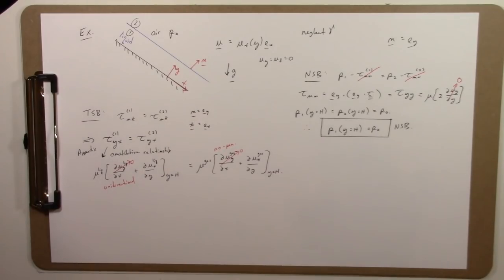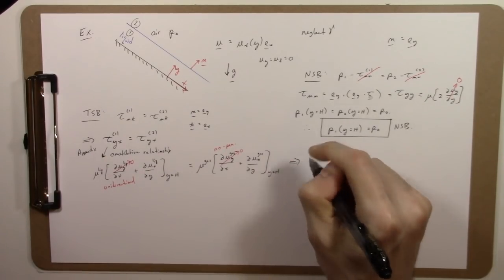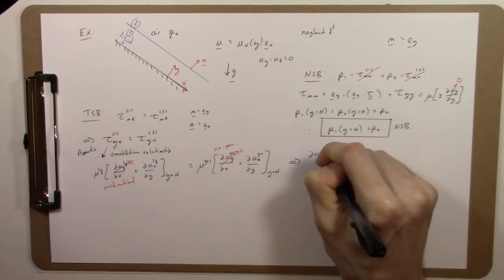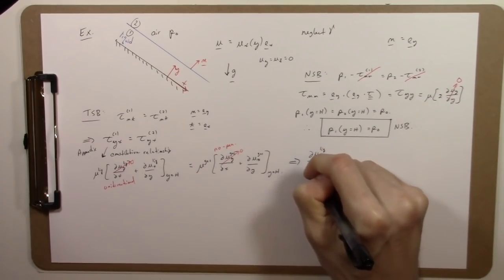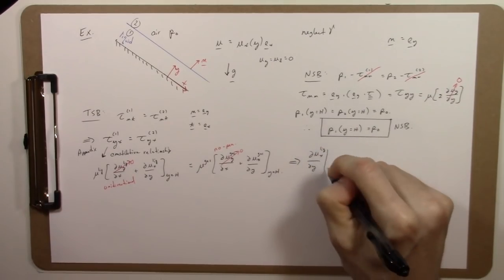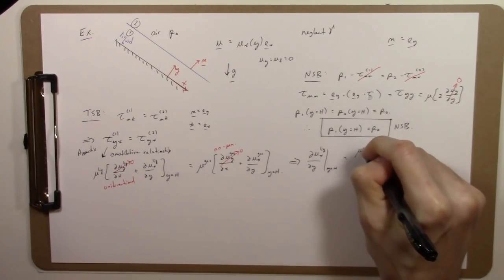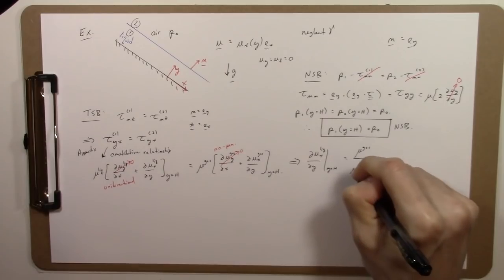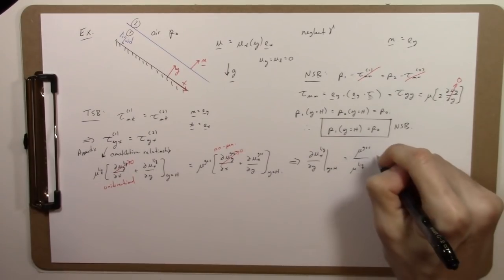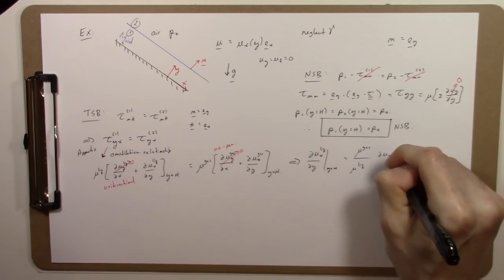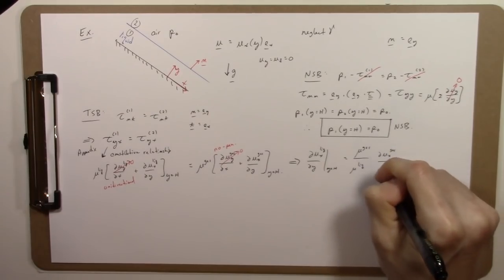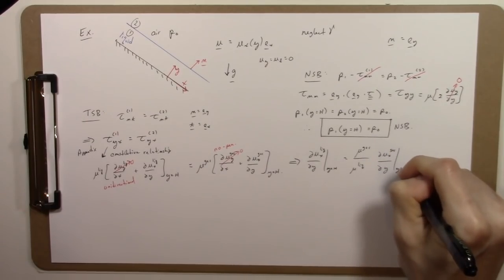So we can then rearrange this, and we find that dux in the liquid dy at y equals h is equal to mu gas over mu liquid times dux gas dy at y equals h.